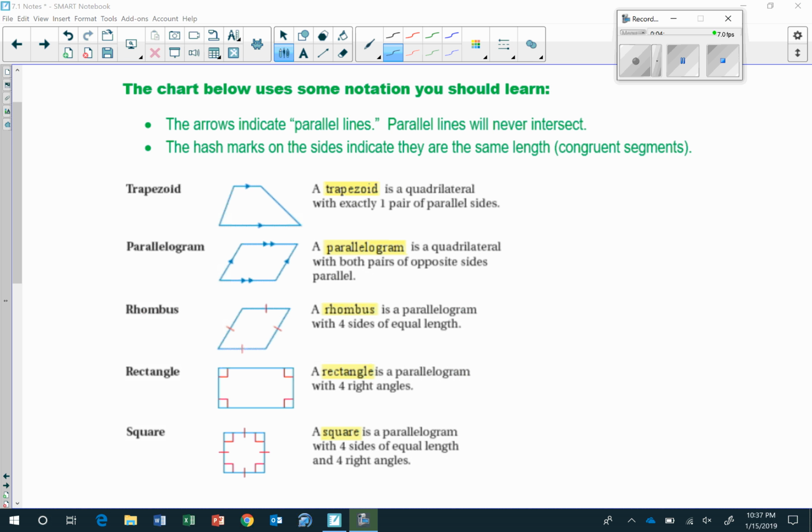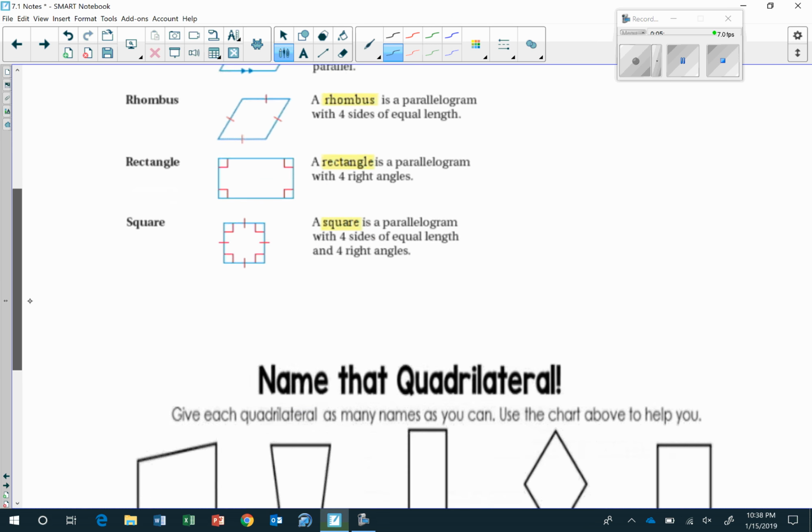Your trapezoid has one pair of parallel sides, so we have one set of arrows. A parallelogram has both pairs of opposite sides being parallel: the left and the right are parallel, and the top and the bottom are parallel. Rhombus, all sides are the same, so you see those tick marks. Rectangle and square have right angles.